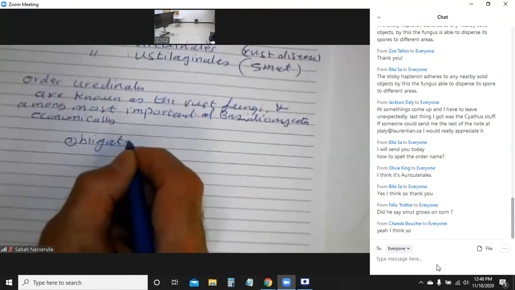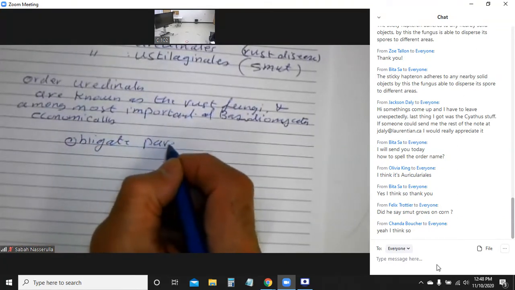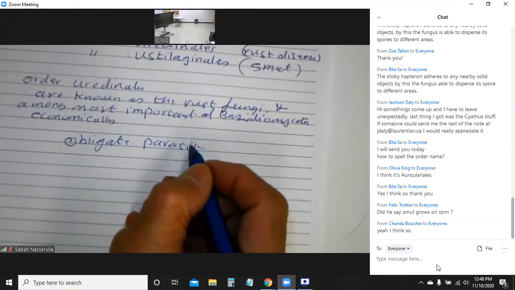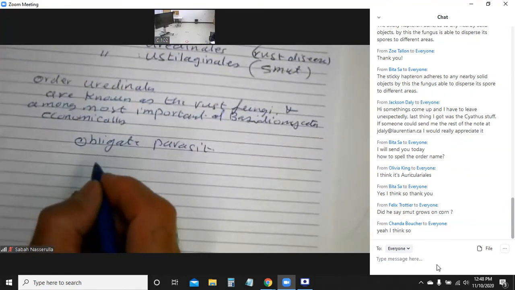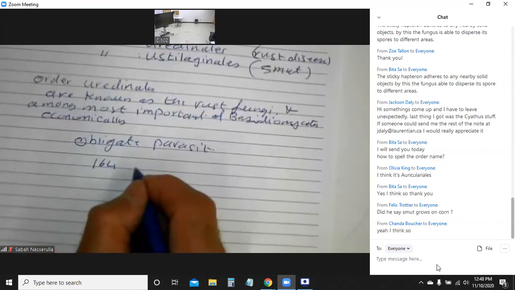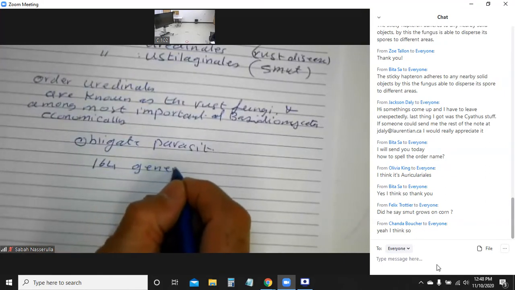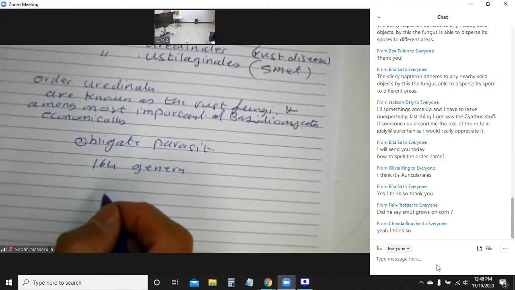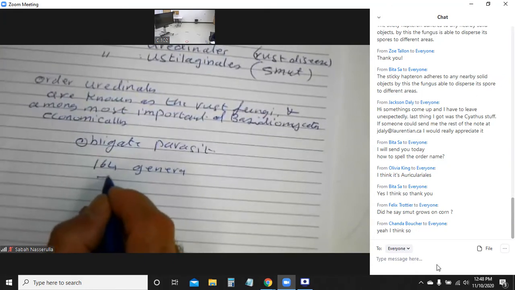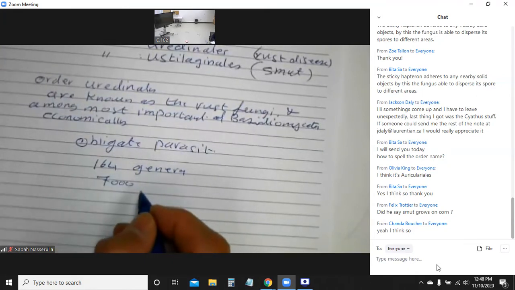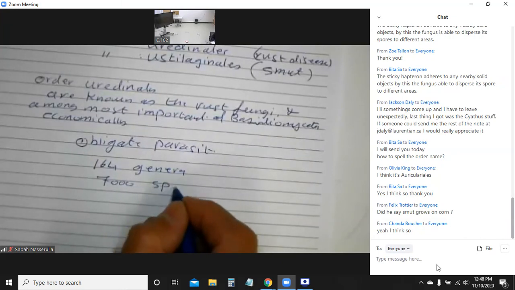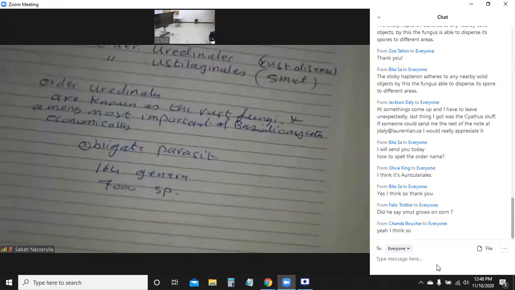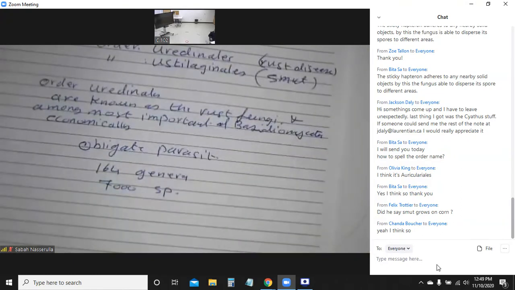Also they are a quite large family. The order constitutes about 164 genera and includes about 7,000 species. There are many, many strains or variations of rust.